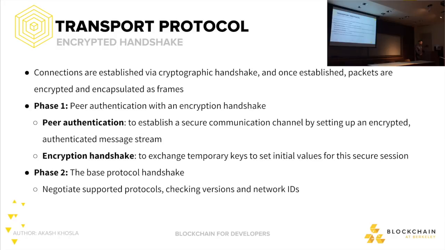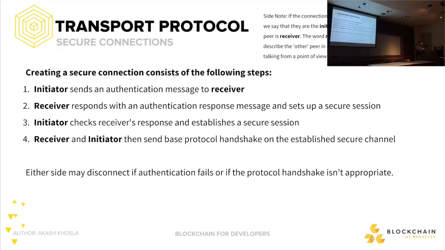But what happens is, to create a secure connection, the initiator sends an authentication message to the receiver. If you're familiar with message authentication codes, this is what it's doing. The receiver responds with an authentication response message, and it ends up setting up some kind of secure session. Then the initiator checks the receiver's response and establishes that secure session. And now they send the base protocol handshake, and they exchange what they support.